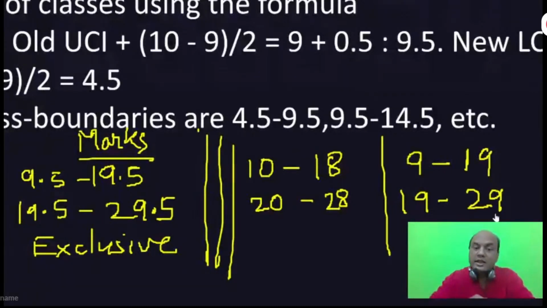Everyone tell me. Those who are watching on YouTube, you also tell me. Yeah. Inclusive, correct? It is an inclusive group. Now I want to convert this inclusive to exclusive.